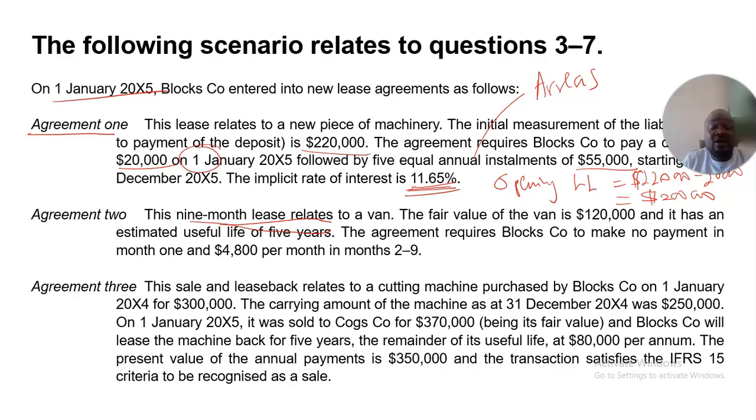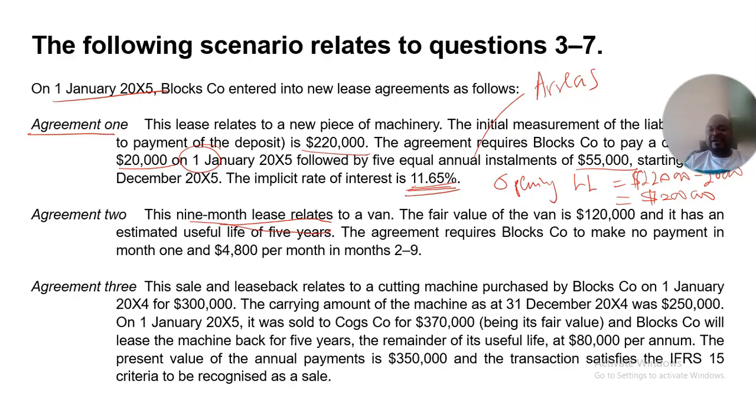It doesn't matter. What matters is the treatment of your lease term. If it is a short-term lease and the value is so trivial, you just have to expense it. 3 months, 9 months, just expense them to the statement of profit or loss.